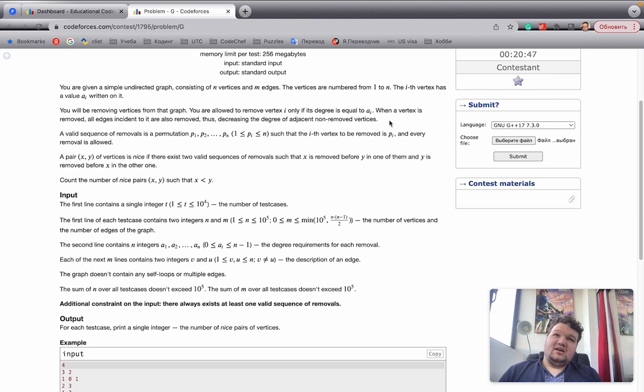But then, I want to say that the removal of this vertex only matters for the neighbors of that vertex. So we can remove it right now.